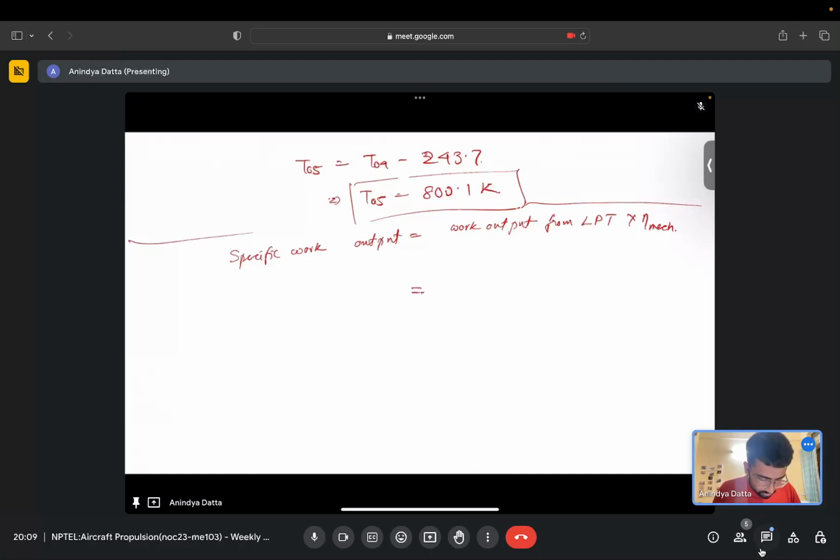That we get by multiplying with the mechanical efficiency. So this is CPG times T04 minus T05 times the mechanical efficiency. This is 1148 times 243.7 times 0.99, which is 277 kilojoule per kg.